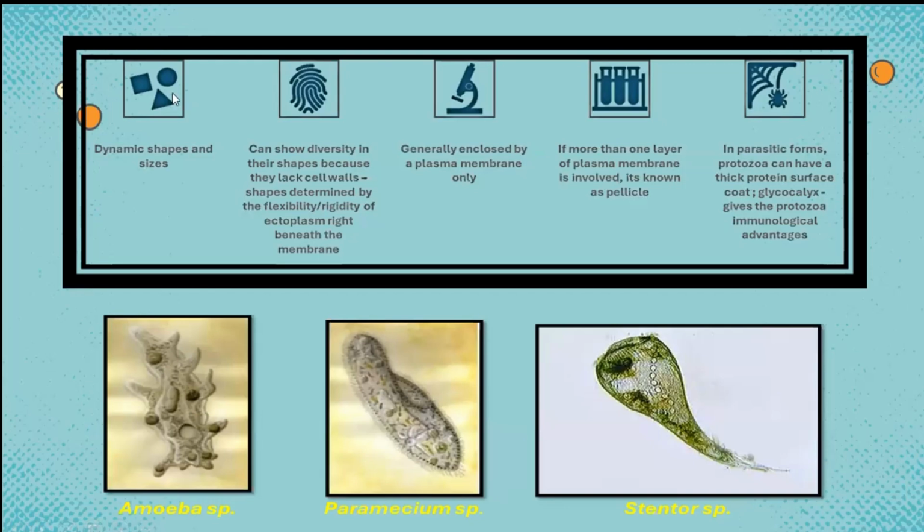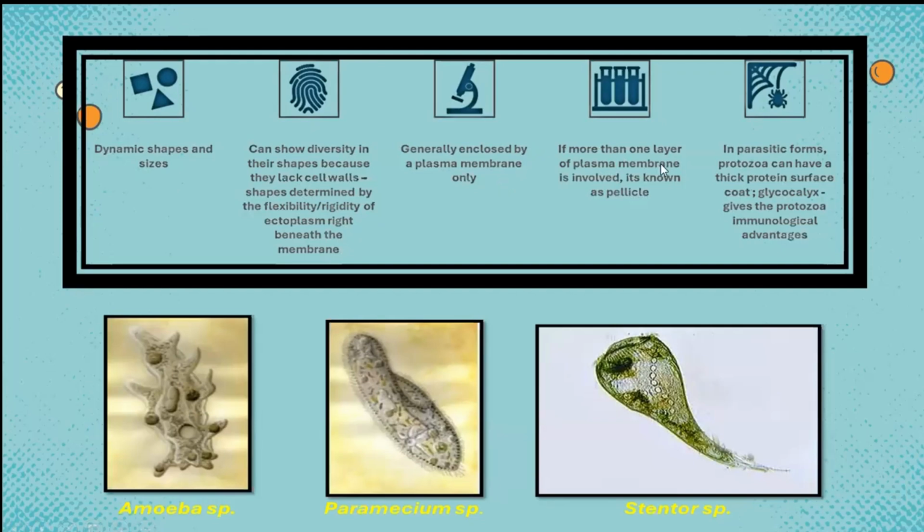For the shape, protozoa have a dynamic shape and size, and they also show diversity in their shapes because they lack cell walls. The shape is determined by the flexibility and rigidity of their ectoplasm right beneath the membrane. So protozoa are generally enclosed by a plasma membrane only.